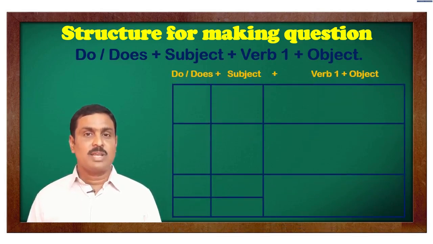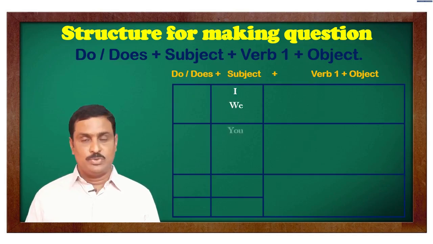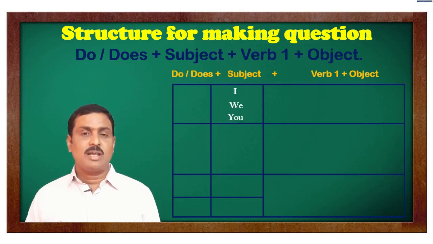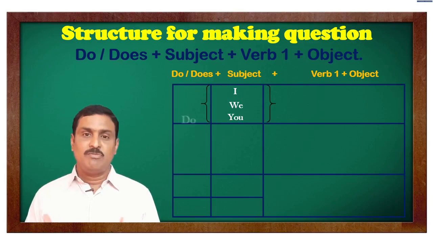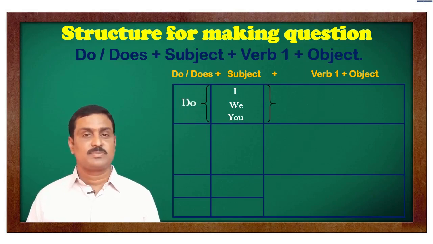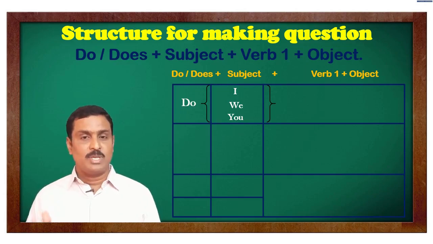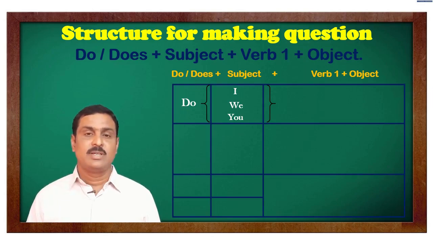We have the subjects like I, we, you. For the subjects like I, we, you, we just put the helping verb in front of the subject. Then the questions begin like do I, do we, do you, like this. Then we have the subjects he, she, it.